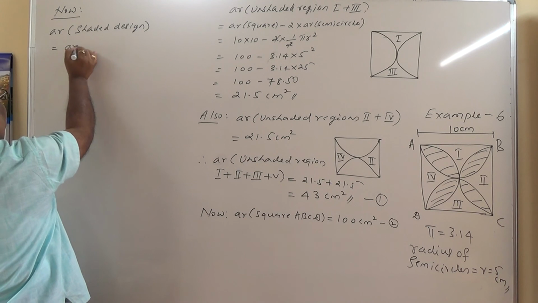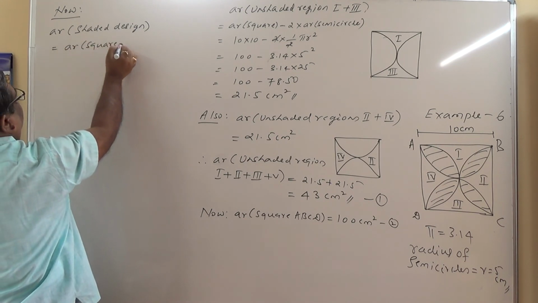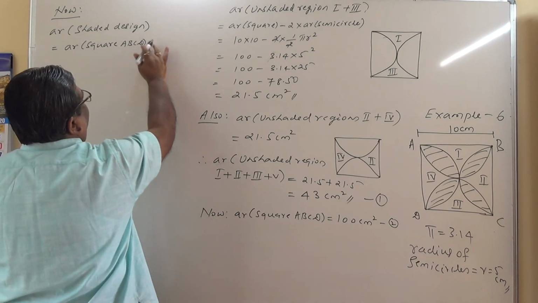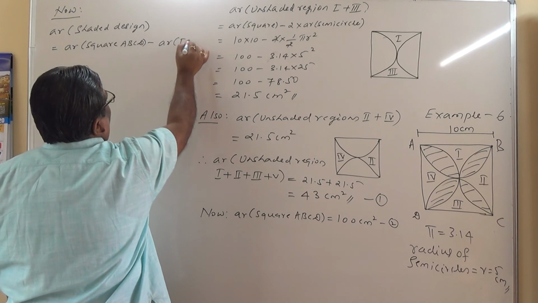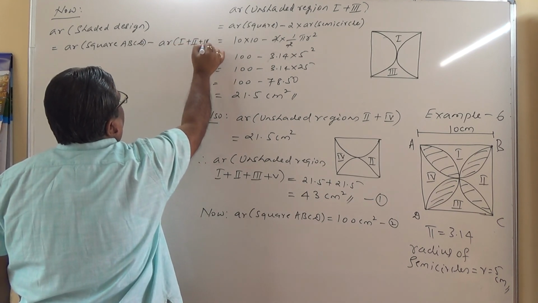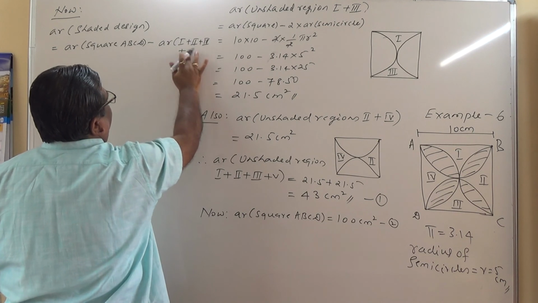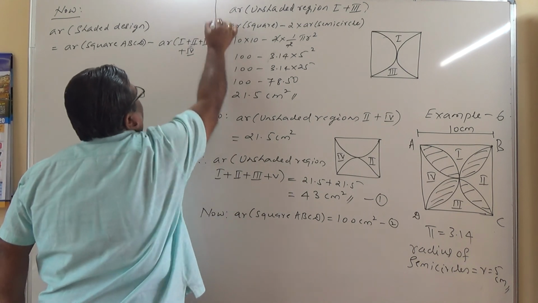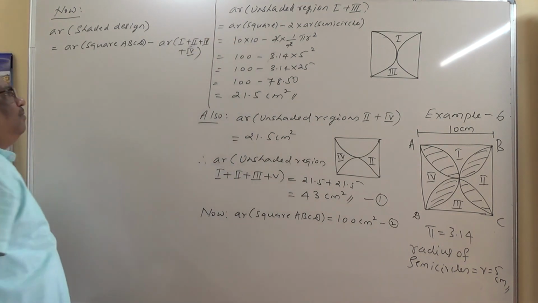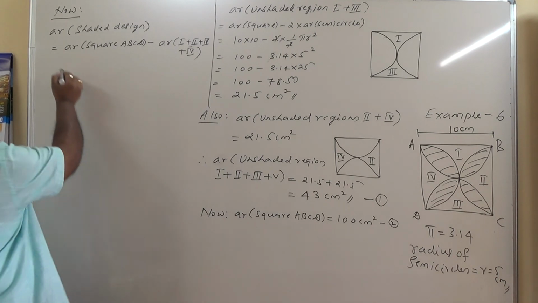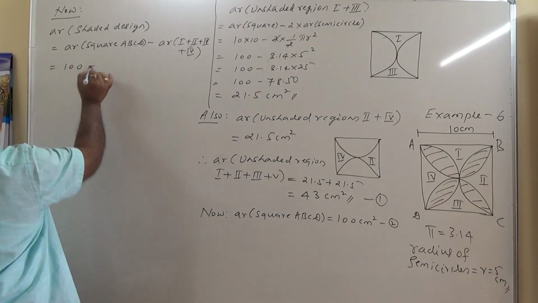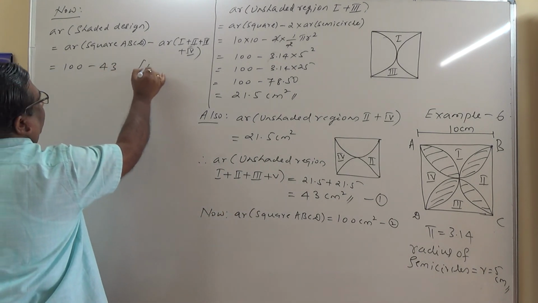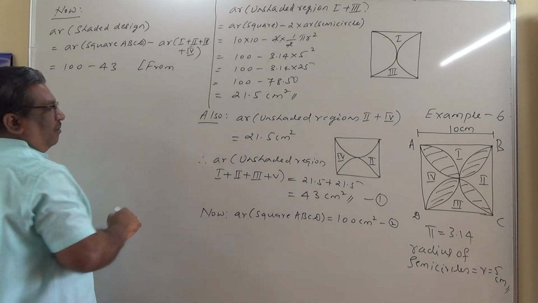is equal to area of square ABCD minus areas 1 plus 2 plus 3 plus 4. Is it clear? Which is equal to 100 minus, 1 plus 2 plus 3 plus 4 is 43.